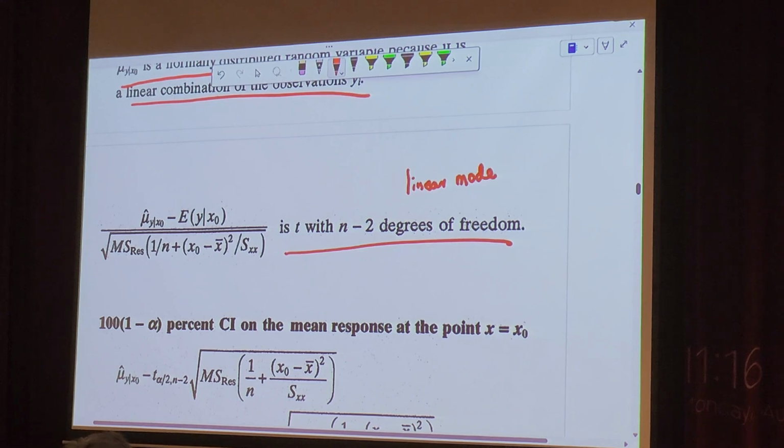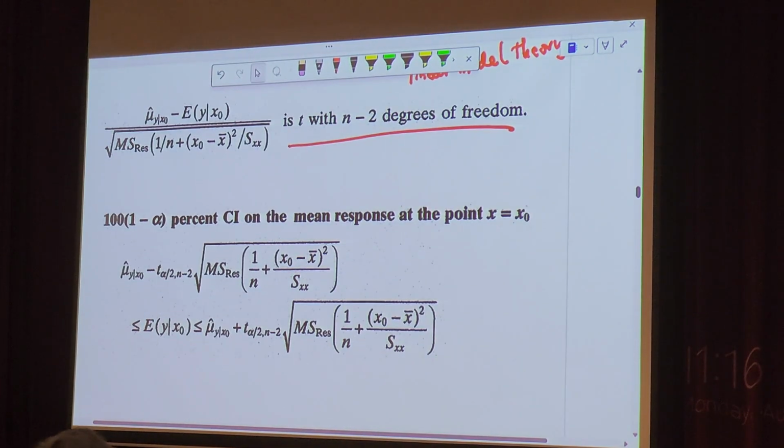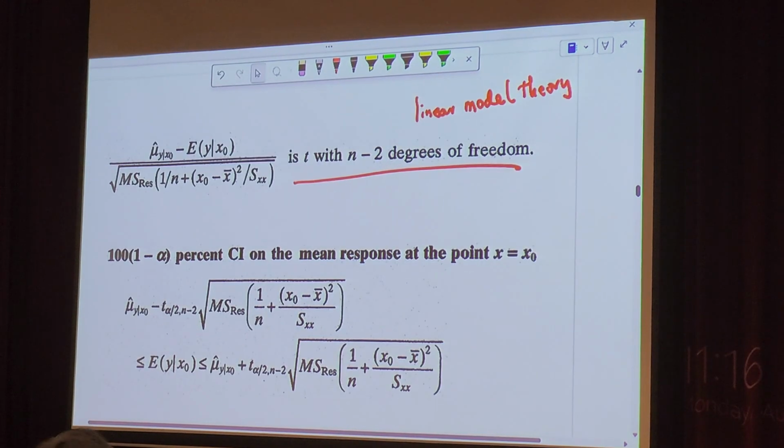Again, I do not want to explain it here because when you go to multiple linear regression, you will learn that this is true. So once you have the estimator, the variance, and the distribution, then you can construct the confidence interval based on this result here.